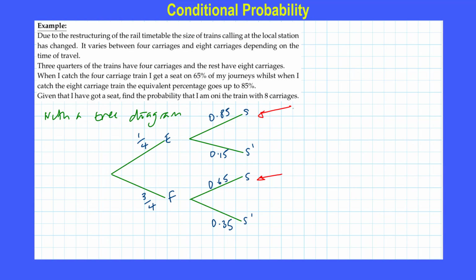So we're saying we're getting a seat, so we've either gone that way or that way, and the one on the 8-seater is the starred one at the top. So we're going to take the starred route, which is a quarter times 0.85, divided by the arrowed routes. So it's the quarter times 0.85, what we had before, plus 3/4 times 0.65. And obviously we get the same answer.